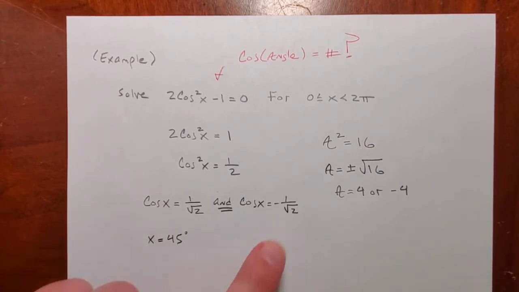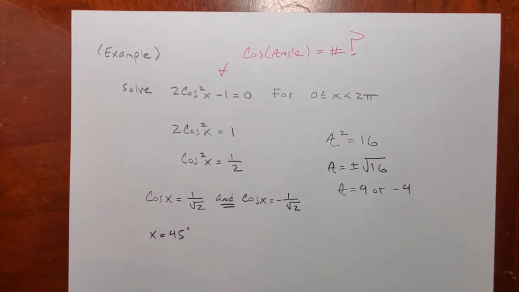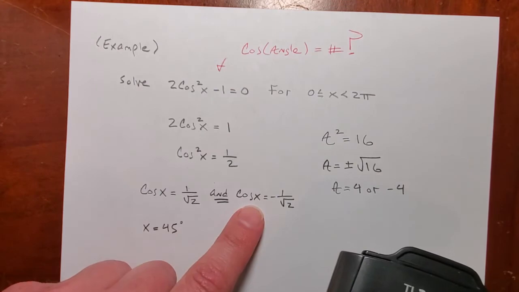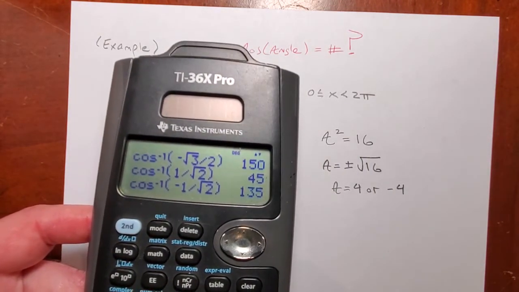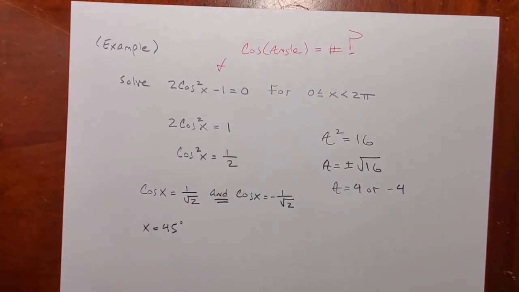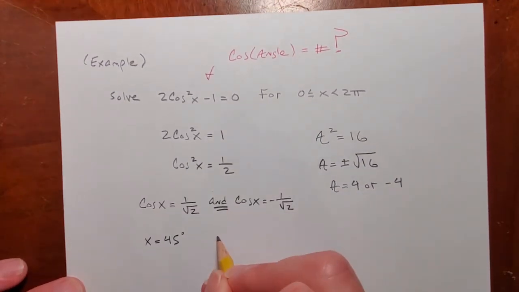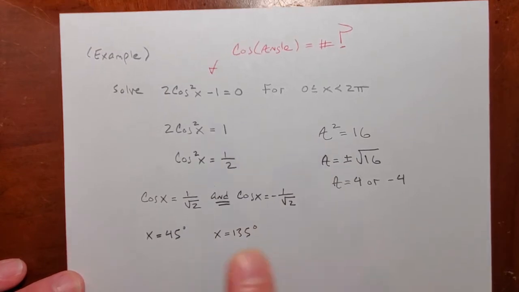And then what about this one? Okay, so say we did cosine inverse of negative 1 over root 2. All right, that's how we would solve for the x there, at least with the inverse function in the calculator. And it gives me 135 degrees, okay? So x is equal to 135 degrees. Are there more? Yeah.